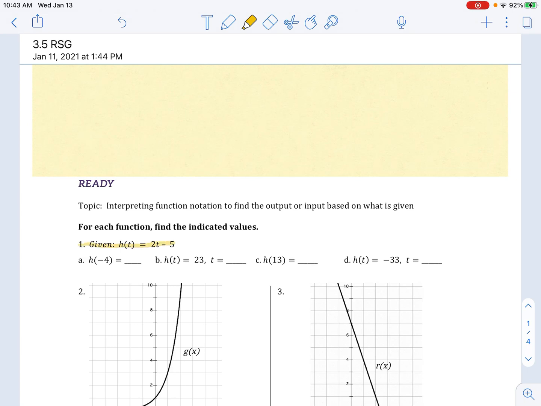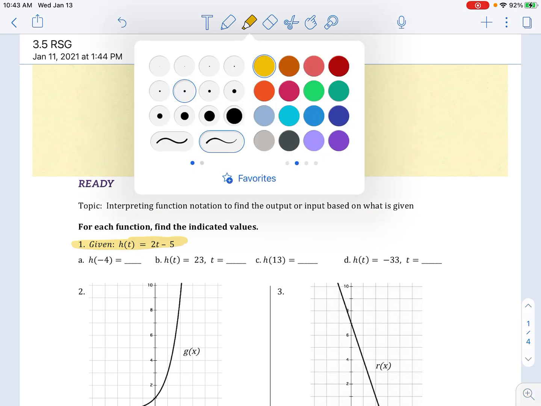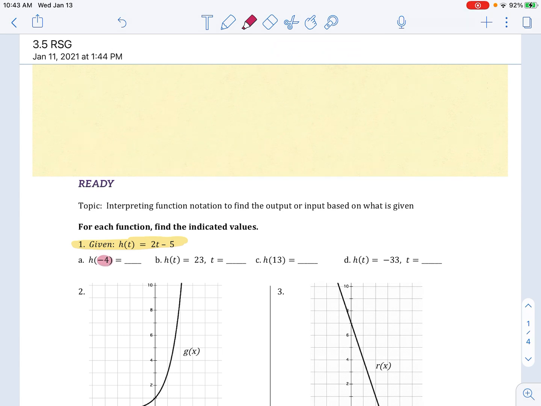So to start off, we're going to start with problem 1, which says given h of t equals 2t minus 5, if they give us t is negative 4, can you solve? So h of negative 4 equals 2 times negative 4 minus 5.